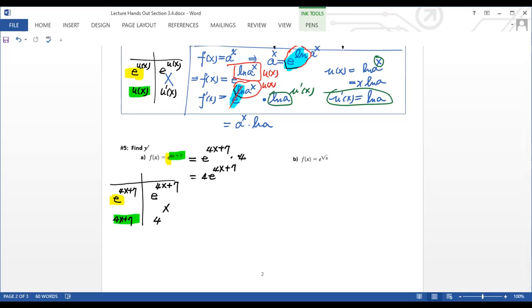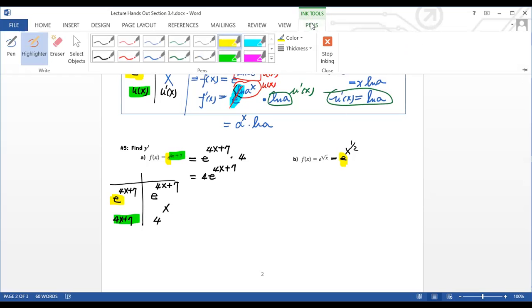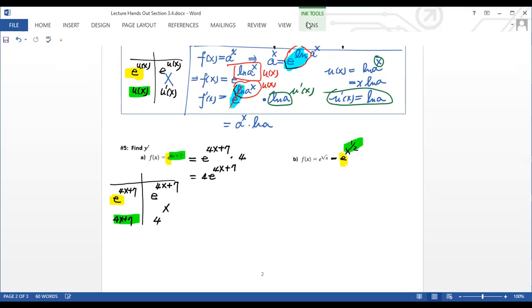Okay, now let's take a look at this one here. So this is e to the square root of x, okay? So this is e to the what? x to the what? 1/2, right? Square root is 1/2. So it's the same thing, the e is the first layer, and this one is the second layer. So let's use the little table to help us.